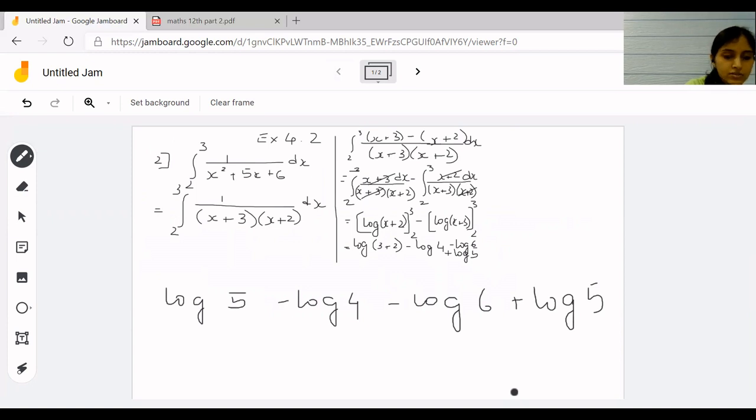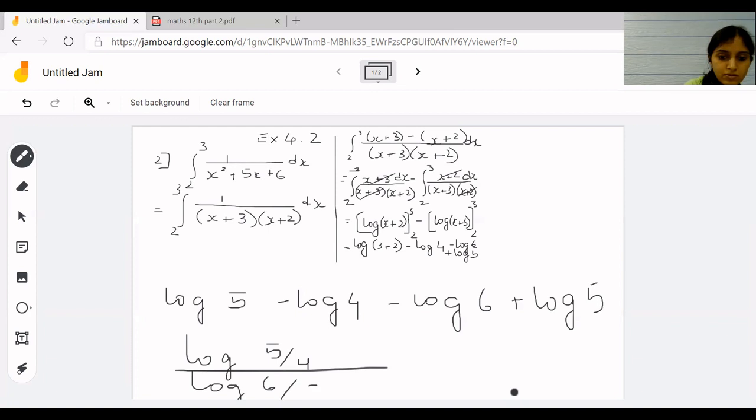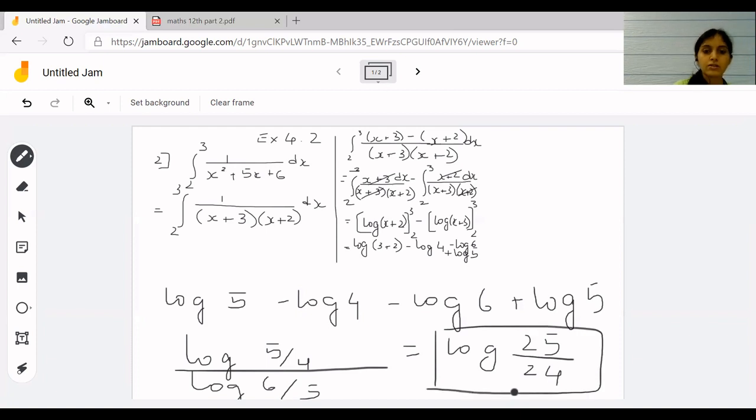So this final answer will be log of 5 upon 4 divided by log of, which is log of 25 by 24. Okay, so this is the final answer.